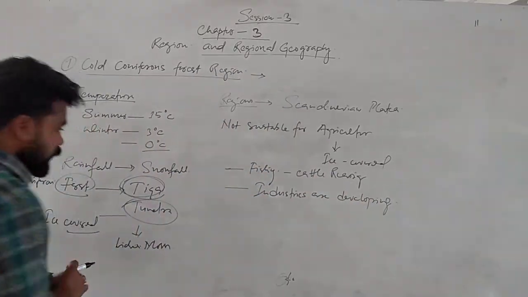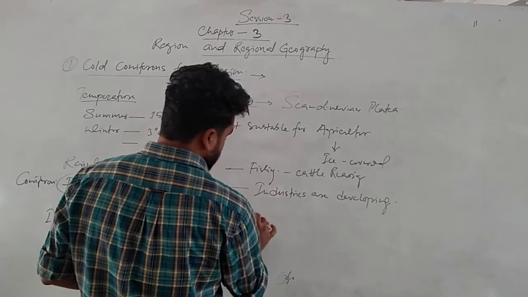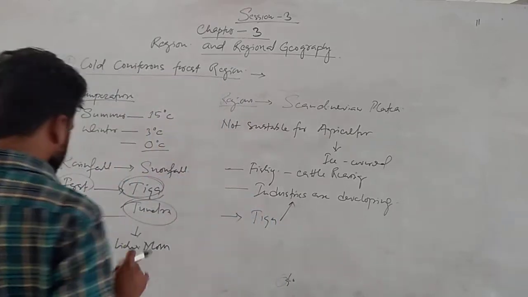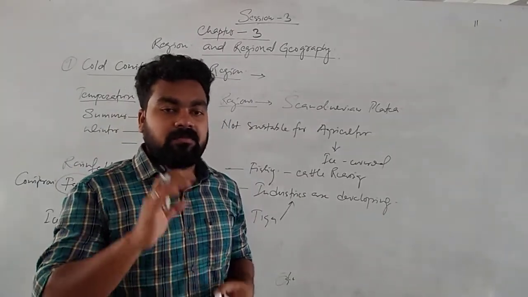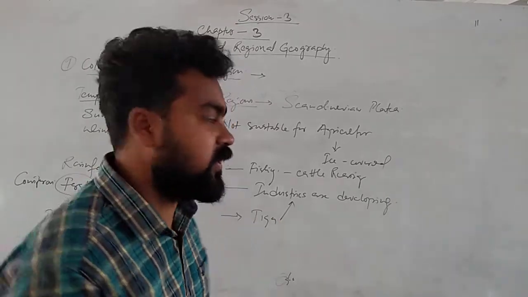Okay. So due to this, the taiga forest is somewhere used for industrial purposes, but generally agriculture is not good there, and they import other things from other countries and exportation is very low.